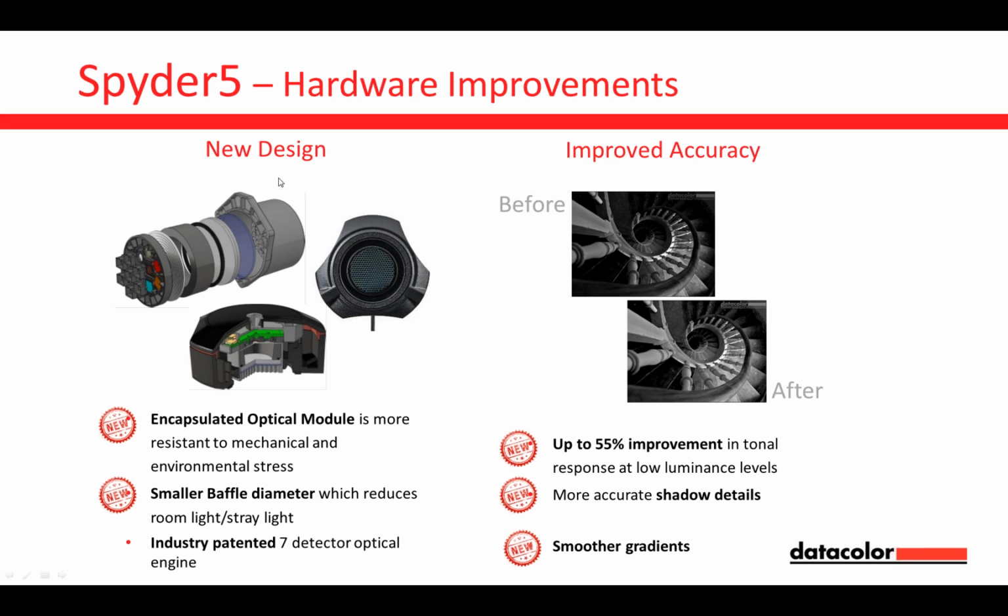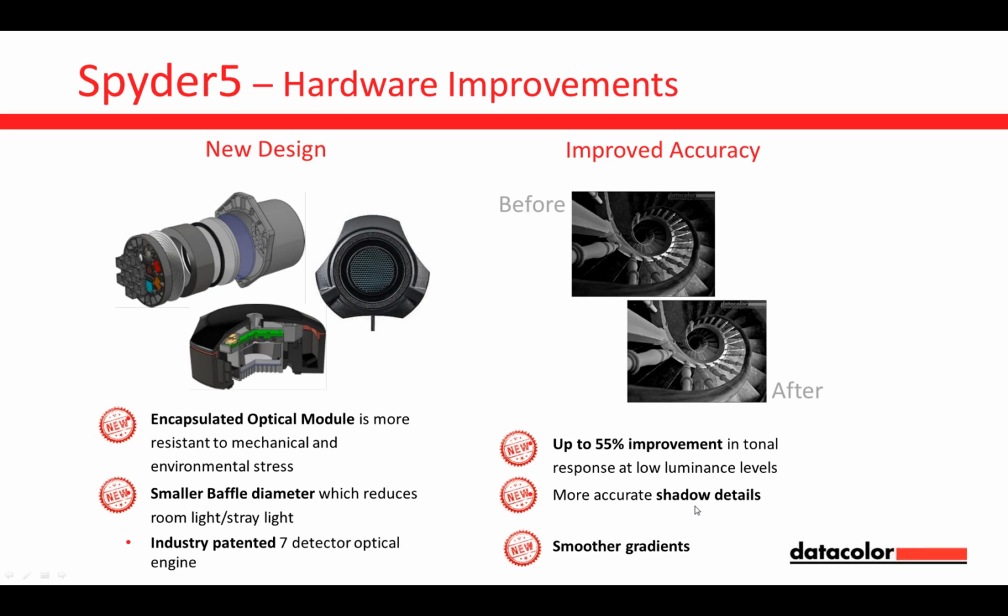And what is the benefit of this new design, apart from resistance to mechanical and environmental stress factors as we have seen over here? We have also improved the accuracy with this new design. We have improved up to 55% in tonal response at low luminance levels. So that's more technical. What's the result of this?